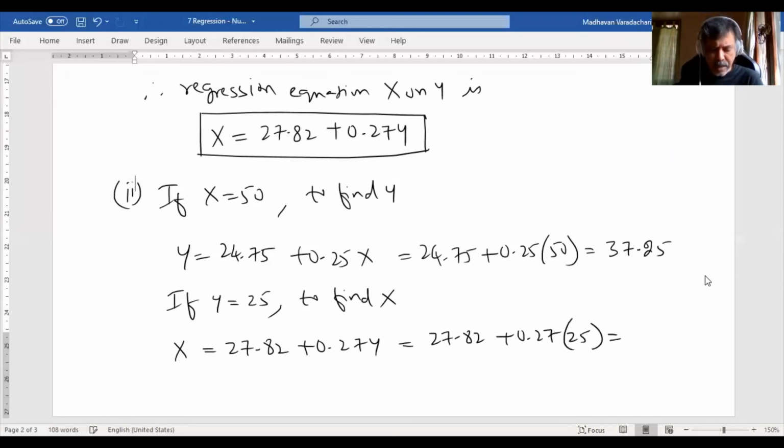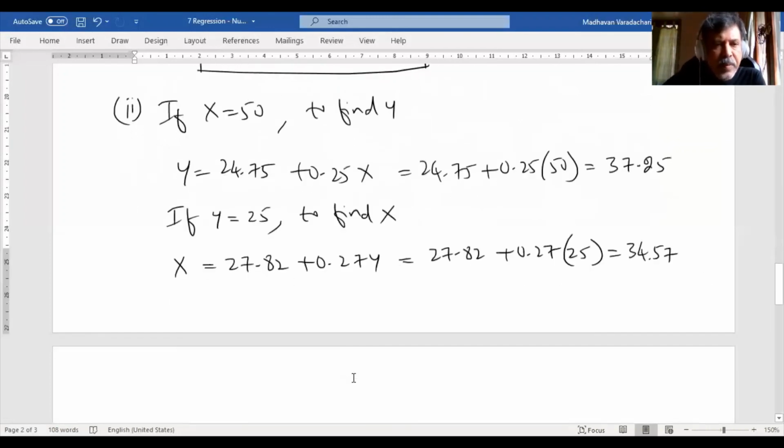So let us calculate that. 0.27 into 25 plus 27.82. We get 34.57 as our x value. Means if y is 25, then x is 34.57, and if x is 50, then y is 37.25. So we got both the estimated or expected values.